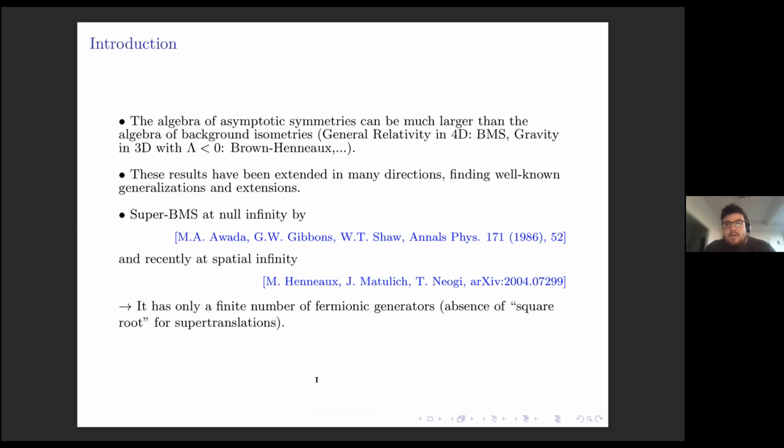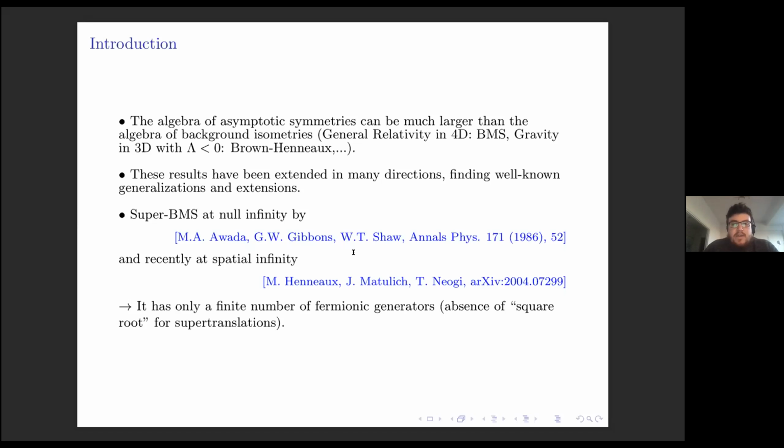This is the case of BMS in general relativity, for asymptotically flat spacetimes, and for asymptotically AdS spacetimes in 3 dimensions, where Brown and Henneaux showed that the boundary conditions were preserved by the conformal group, whose canonical realization is centrally extended, giving 2 copies of the Virasoro algebra.